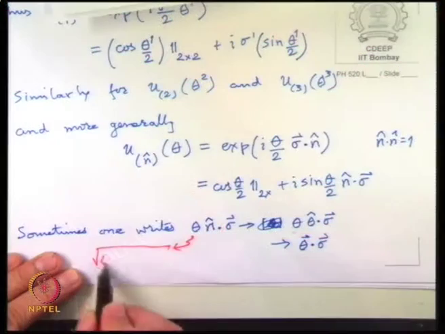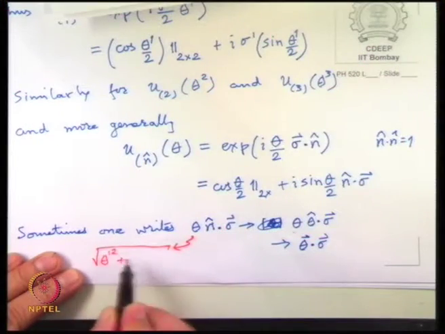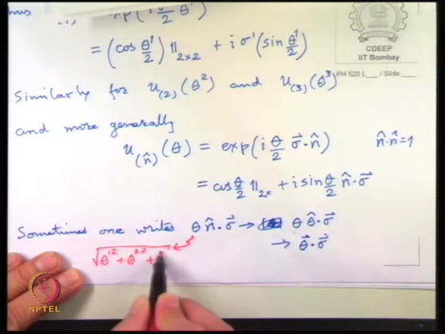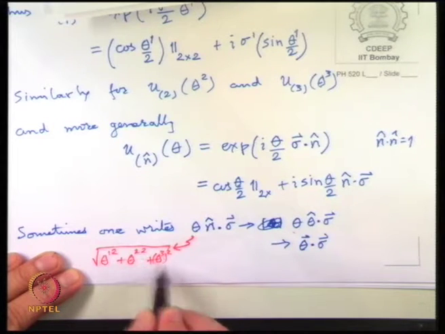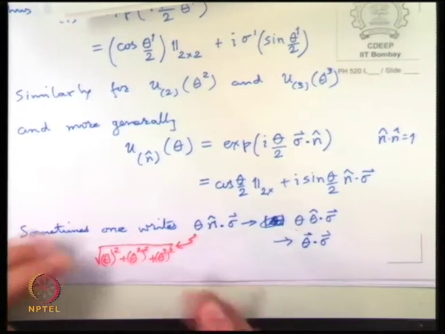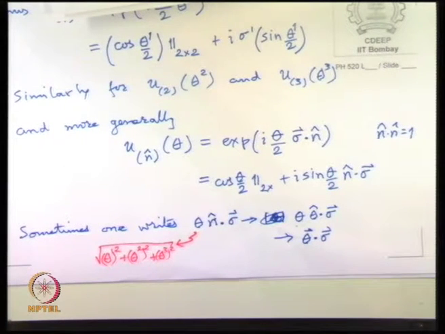So in this language, theta becomes equal to square root of theta 1 square plus theta 2 square plus theta 3 square. Okay. So that is another way of thinking about it, but it's a bad one because theta is not any kind of vector, it's a set of 3 parameters.